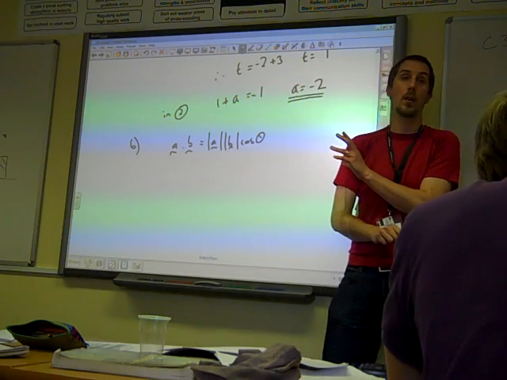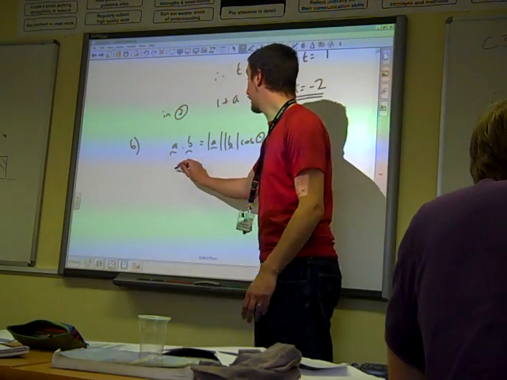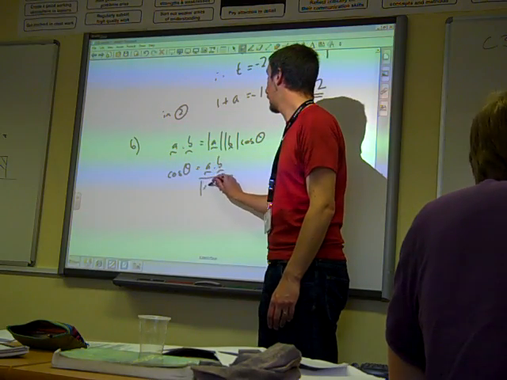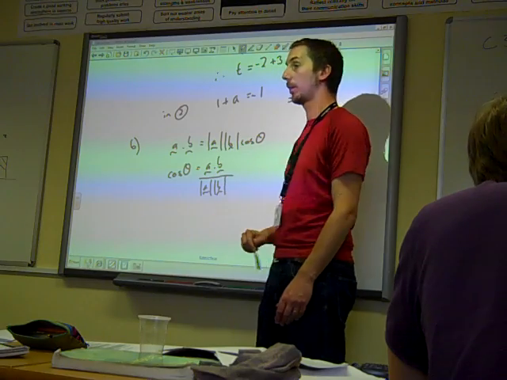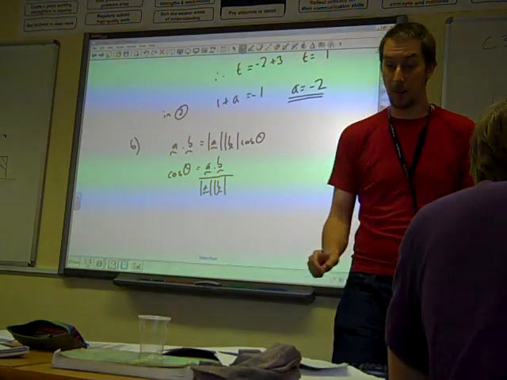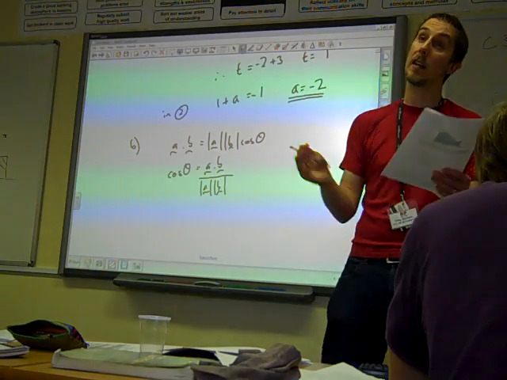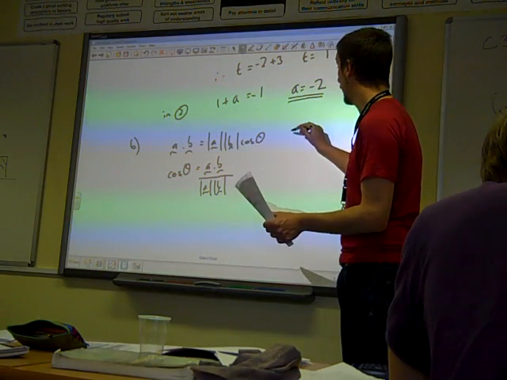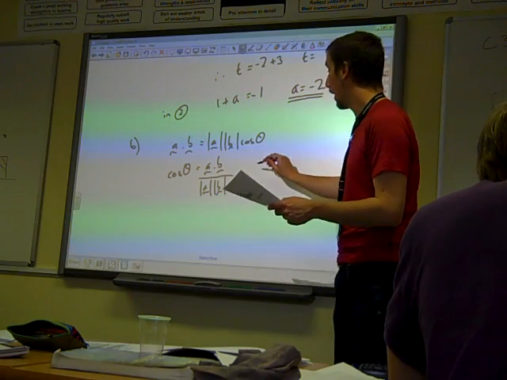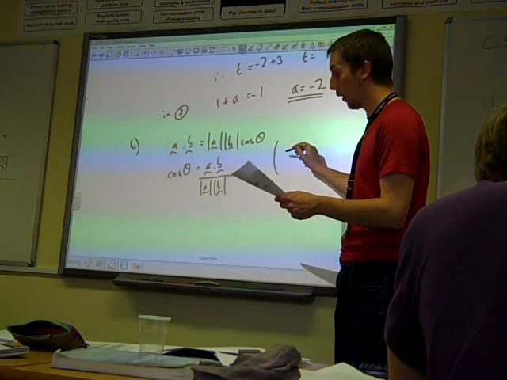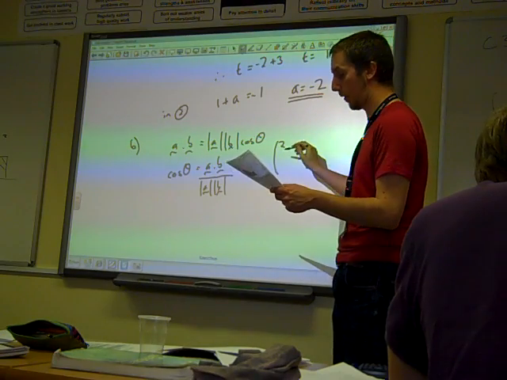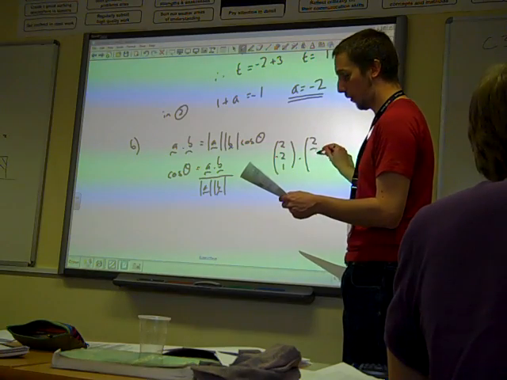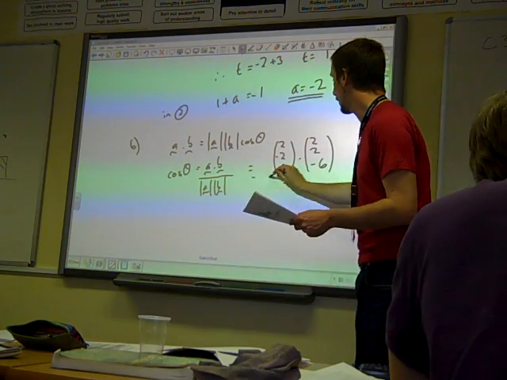It's also helpful to remember the rearrangement of that: cos theta is a dot b over the product of the magnitudes. Now we're dealing with the angle between these two vectors. When you're talking about angles, you focus on the bit after the parameter. So the two vectors we're interested in are (2, -2, 1), since a is -2 now, dotted with (2, 2, -6).